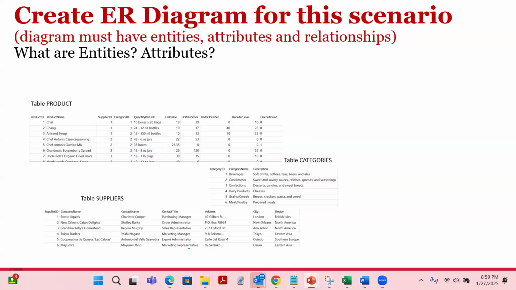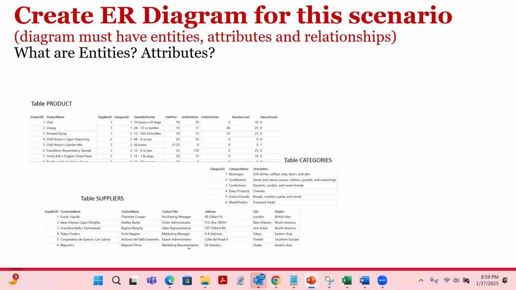You will need to do a very similar analysis for the relationship between product and supplier. Let's look at the supplier table. The supplier table has a total of 6 suppliers. But only 3 out of those 6 are represented in the supplier column in the product table.